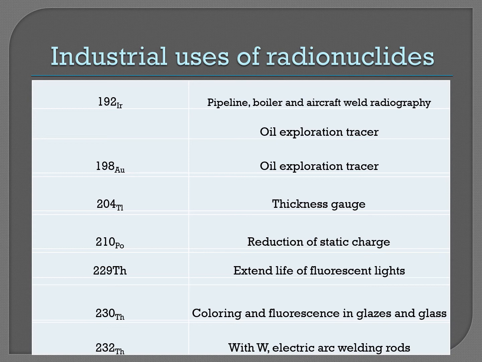Different welding rods having different electric arcs are being used for welding purposes, and basically they use the tungsten isotope, but along with tungsten, to increase their efficiency, different isotopes of thorium, basically TH232, are being used.